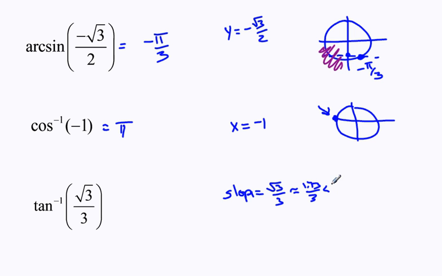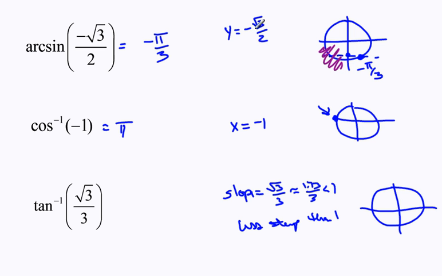This thing's going to be less than 1, so less steep than 1. So if we draw our unit circle, remember 1 is at pi over 4, so if I'm less steep, I'm going to be this one right here, which is going to be at pi over 6. All right, I hope that helps out.